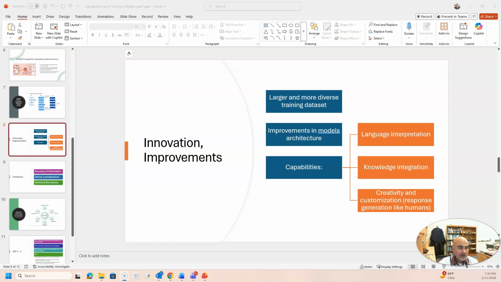Of course, one of the standout features of ChatGPT is its creativity and customization. It can customize the response depending upon the question. As we discussed earlier, it can create poems, generate stories, and generate code based on the user prompts.